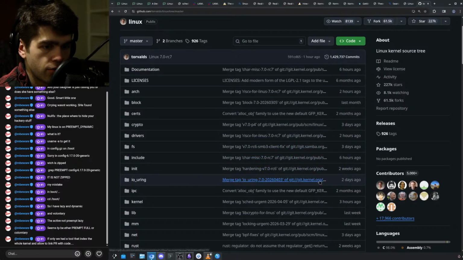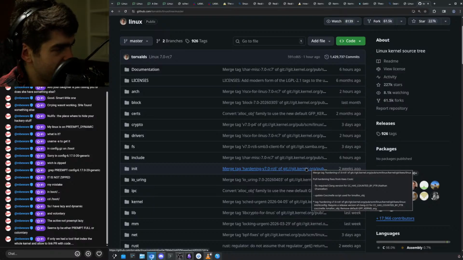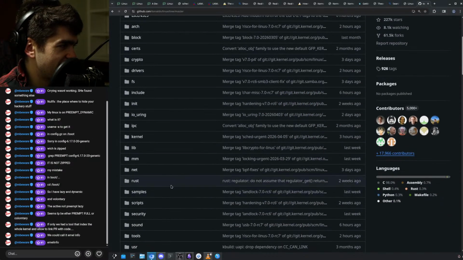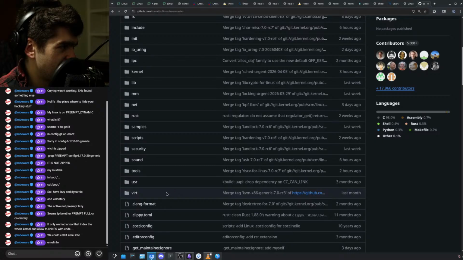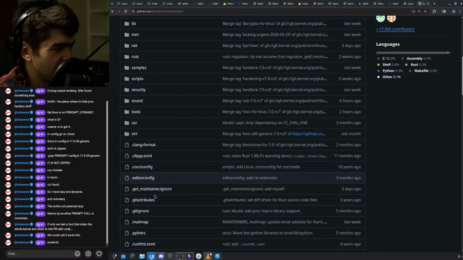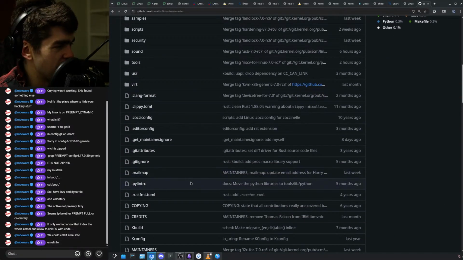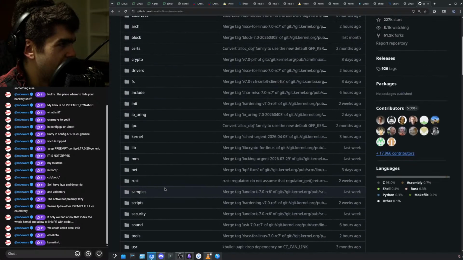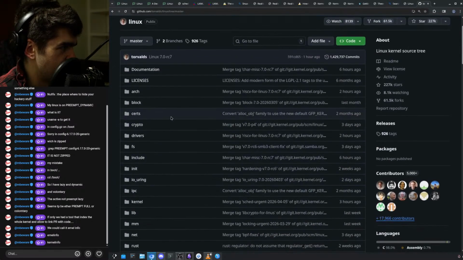If only we had the tool that indexes the whole kernel that allows linking. Yes.